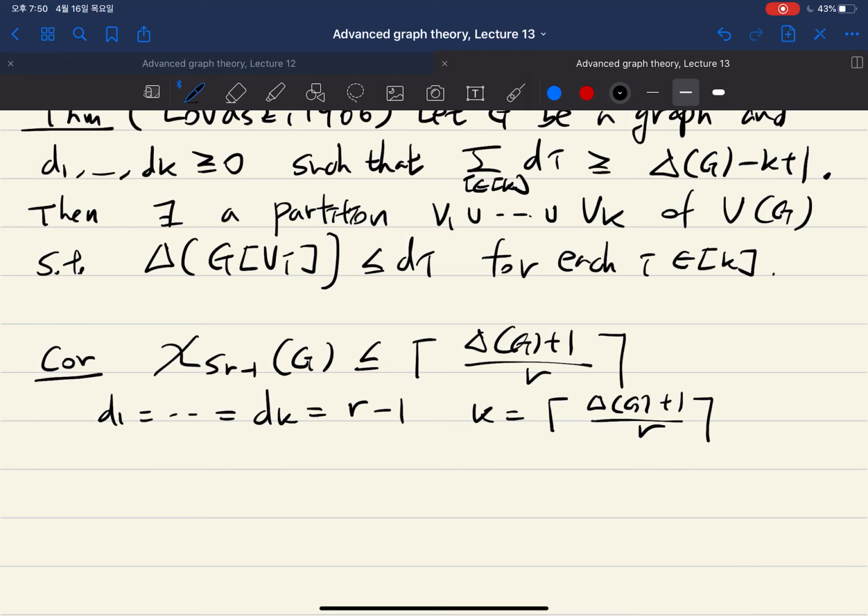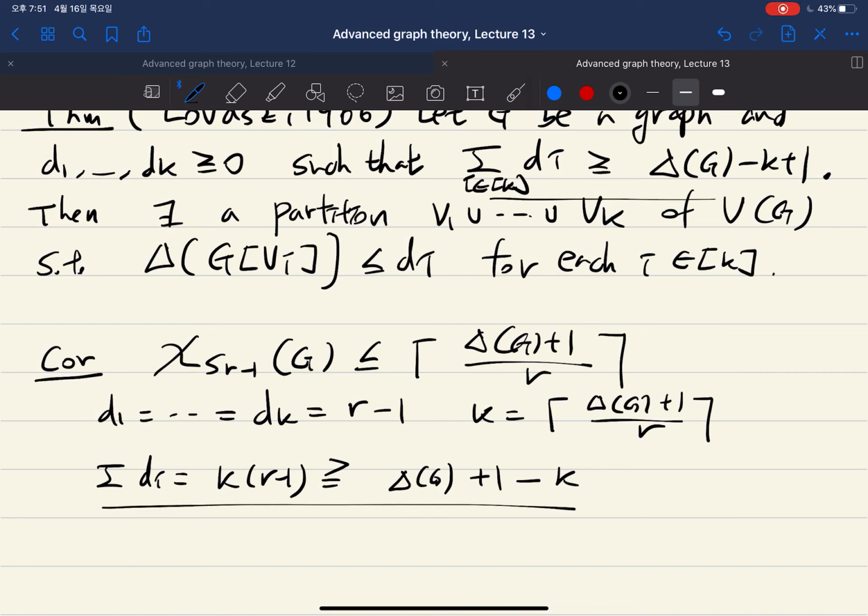Then the summation of d_i is simply k times (r minus 1), which is at least delta plus 1 minus k. So this condition holds.